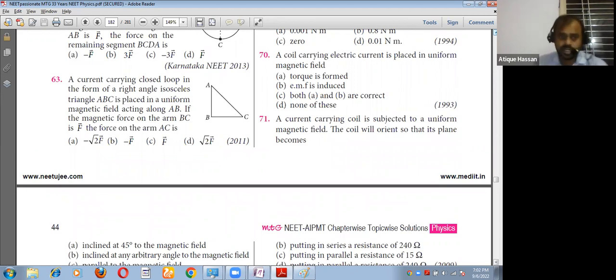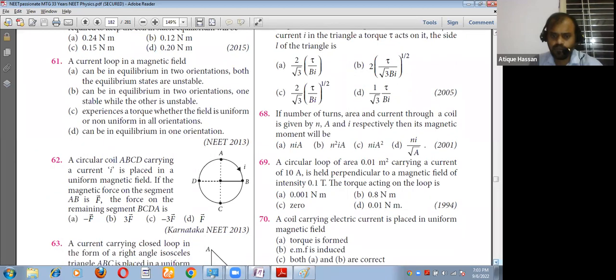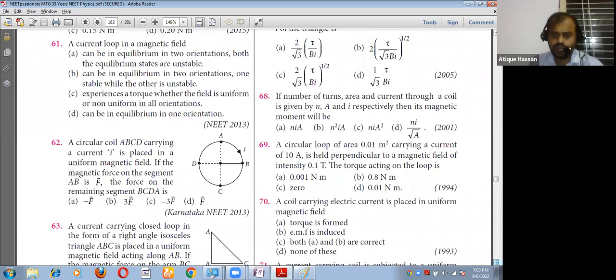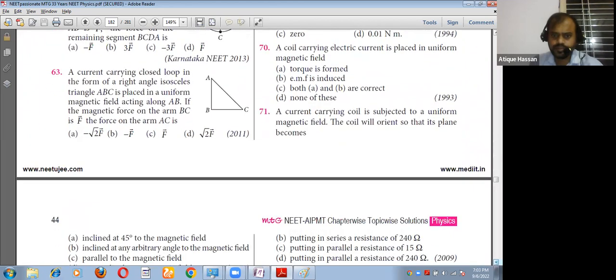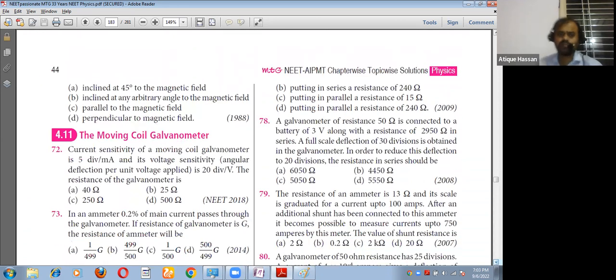Questions are there. Before that, we will do questions based on the conversion of the moving coil galvanometer.